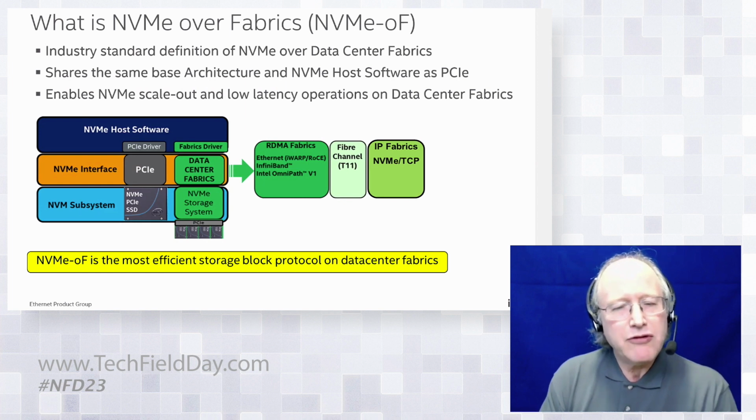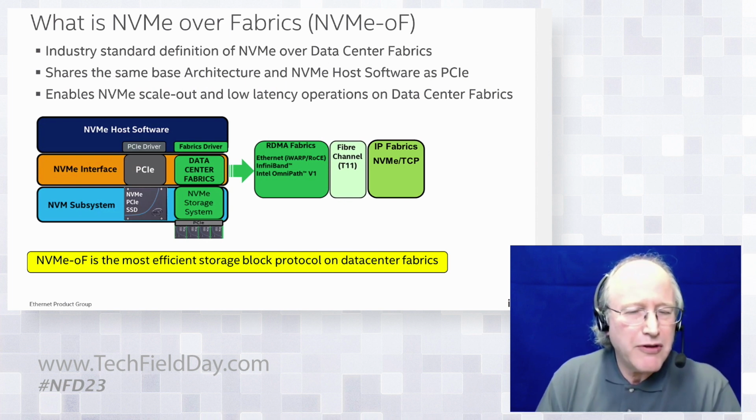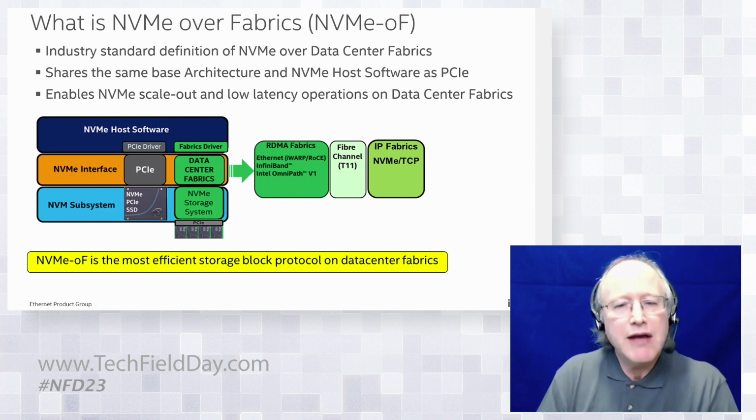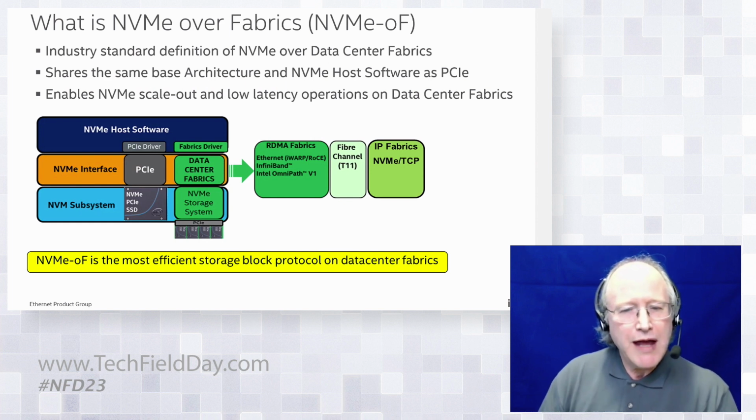What we saw was folks that wanted to deploy NVMe over fabrics wanted to use some of their existing data center network ecosystem, and TCP was the universal transport in those environments. So we wanted to enable that as an option for NVMe over fabrics.